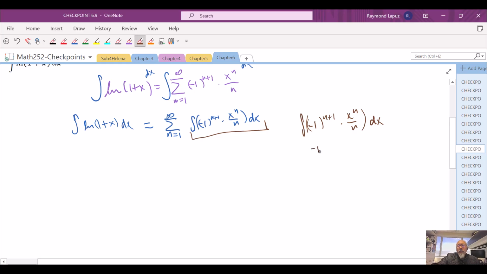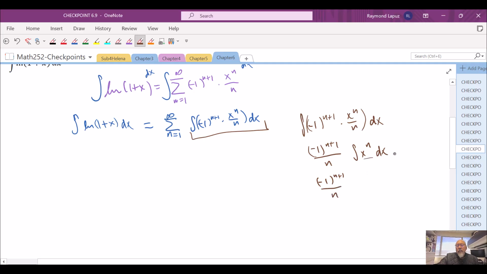Now this -1 to the n plus 1 is a constant, and as a matter of fact the n is also a constant, so we can take those out of our antiderivative. So all we have is this integral of x to the n dx. Alright, let's keep that constant hanging around: -1 to the n plus 1 over n.